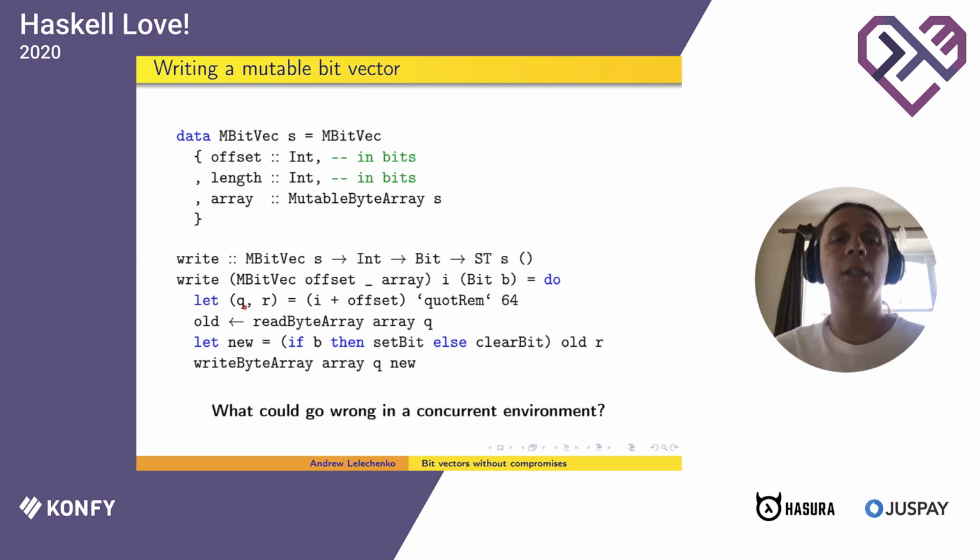If they started at the very same time, then both of them read an empty word at this place. Then one of them attempts to write a word with only the first bit set, and the second thread attempts to write a word with only the second bit set. One of them will win, but I will end up with a byte array where only one bit is set, while I would expect to have 2 bits, because I ran in 2 threads functions which should have set the first and second bits as well.